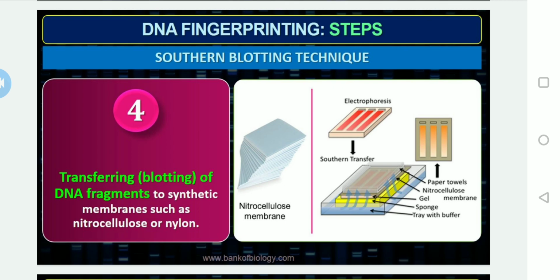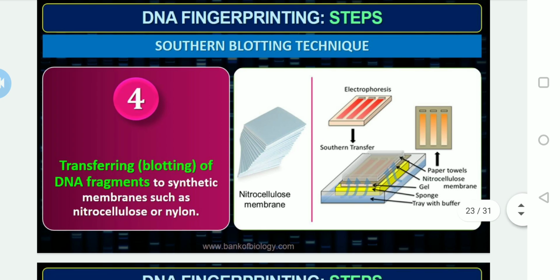This is very important so that we can get the extraction of the DNA fragments. So this is the fourth step.